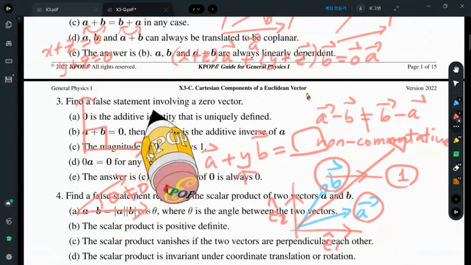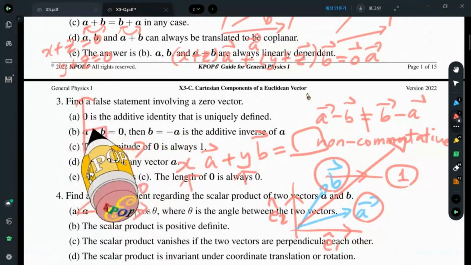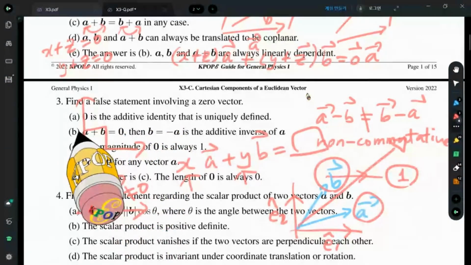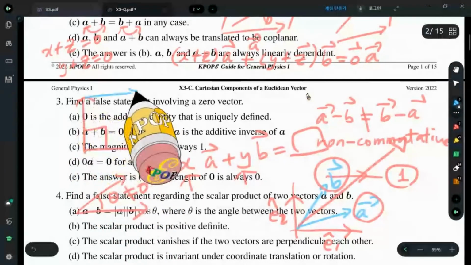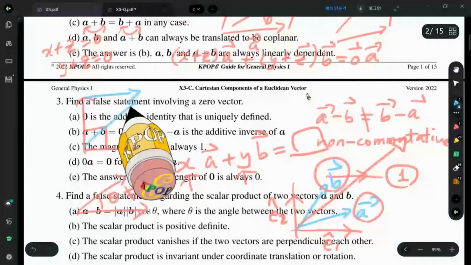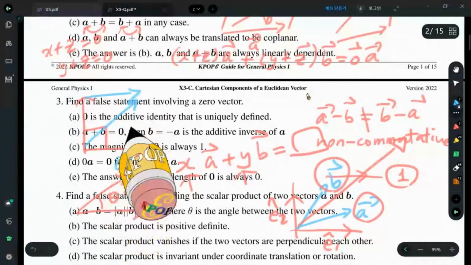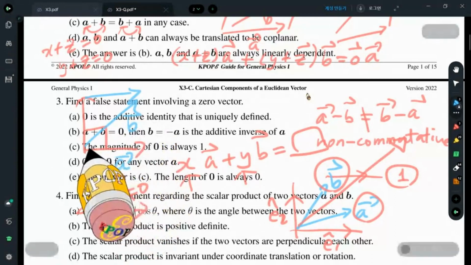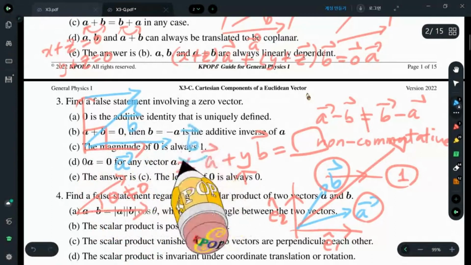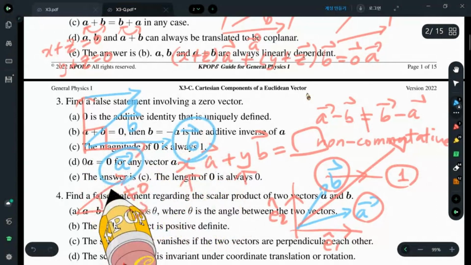So the existence of a perpendicular component is very important. But you can still add the parallel component to find these 2. This A and this B are still linearly independent. But as soon as it becomes parallel, these two are linearly dependent.